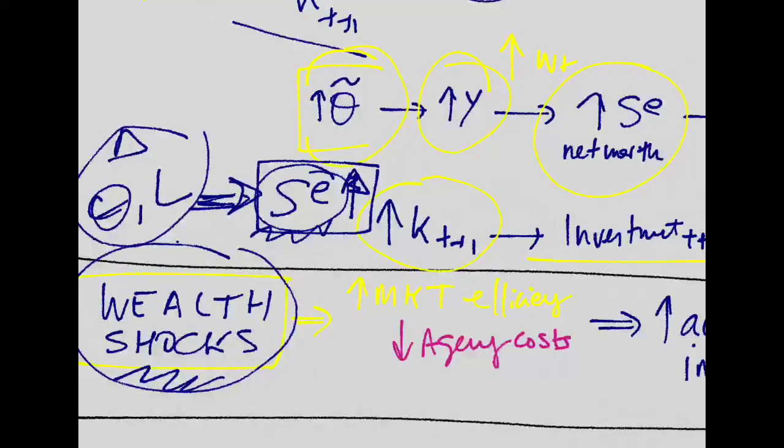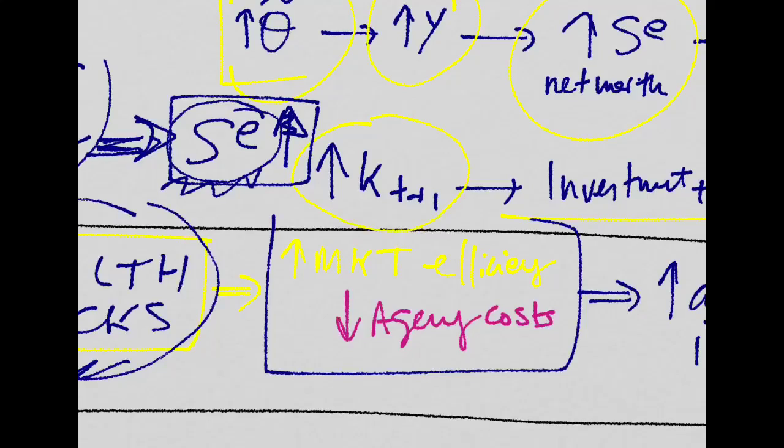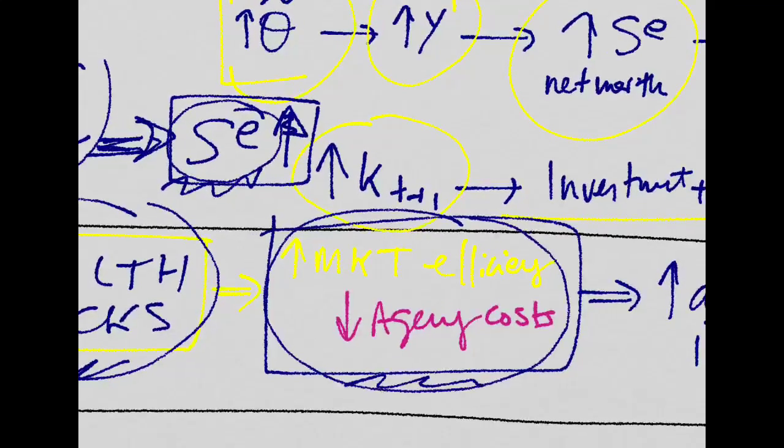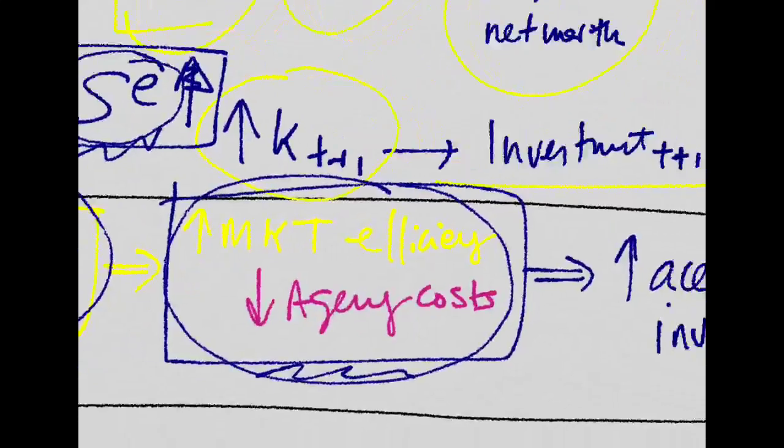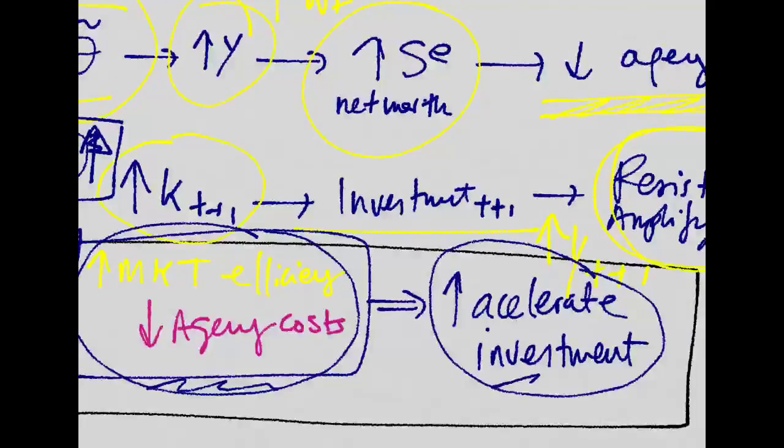So in this case, Bernanke and Gertler argue that markets will work more efficiently and there will be less agency costs. And then this will in turn accelerate the way the economy invests.